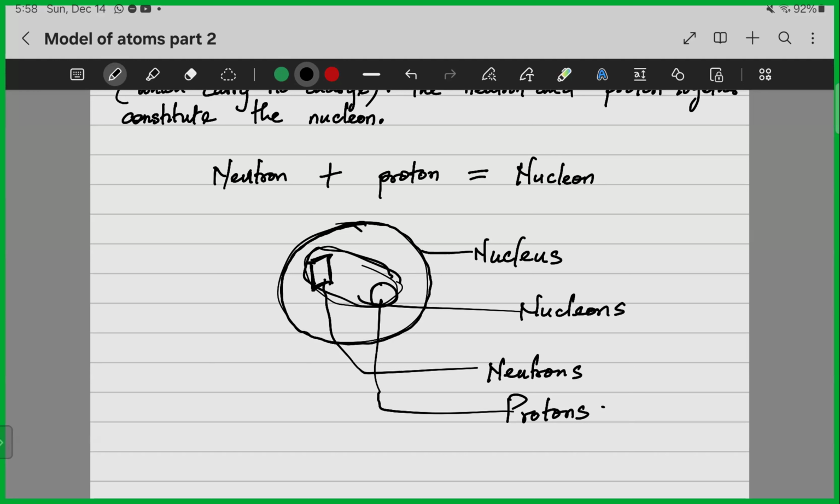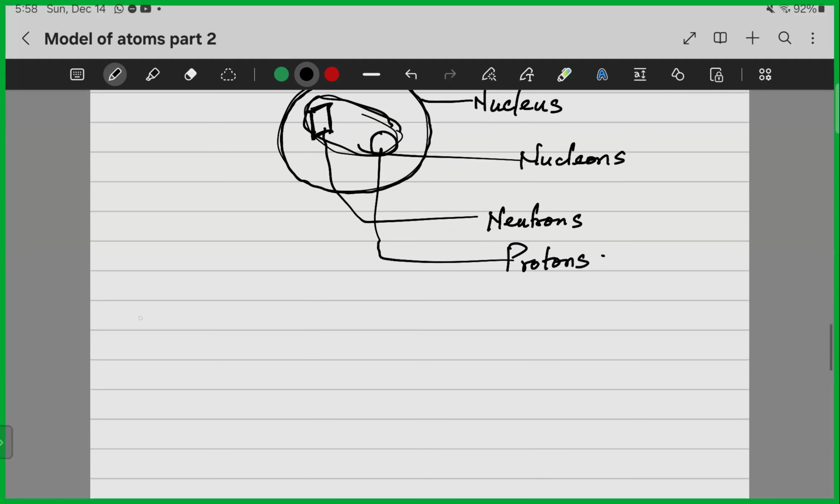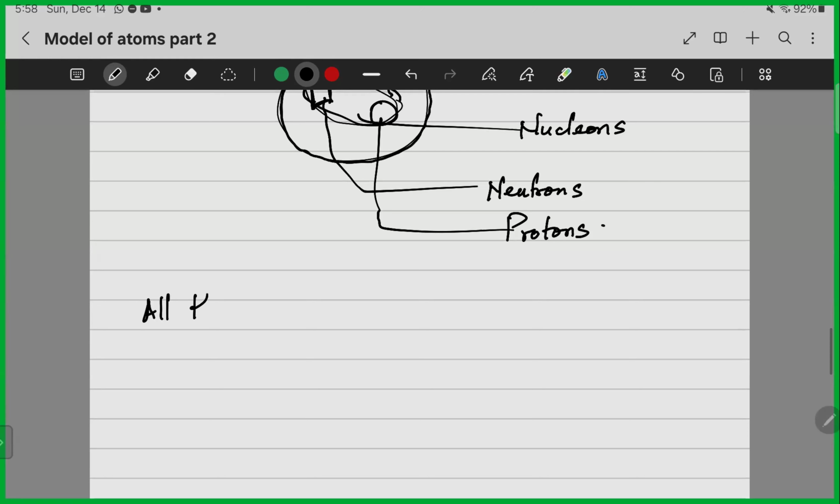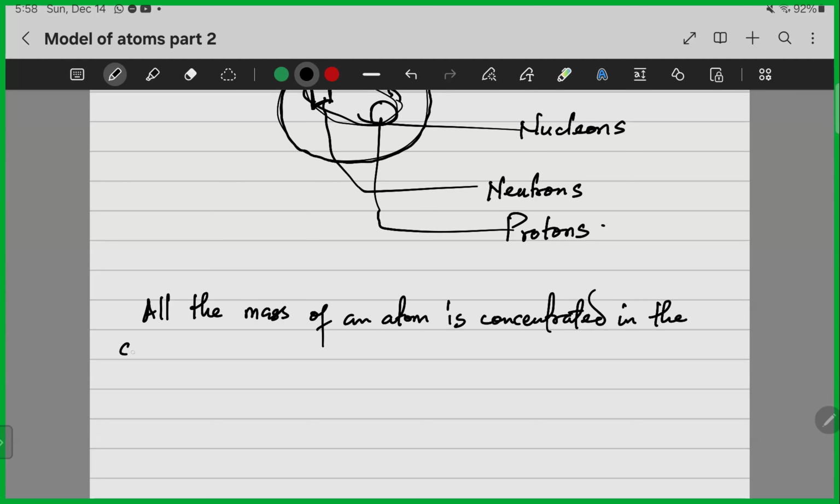All the mass of an atom is concentrated in the central nucleus.